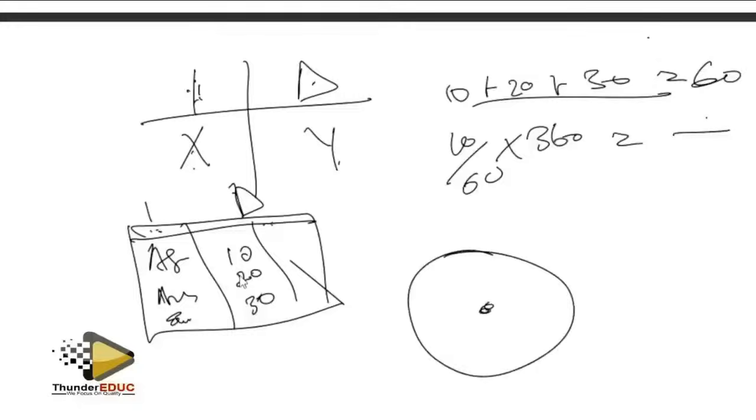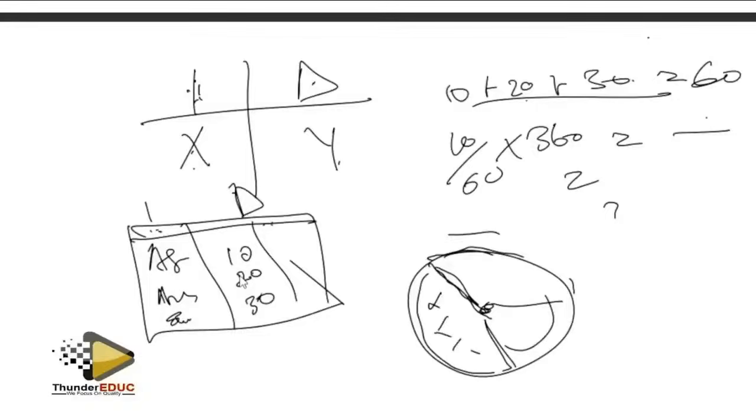You do that for 20, you do that for 30, then you plot. Use the protractor to measure for this, then start from here, measure, then the remaining one will be for that. Then you put the title, then you shade, you put a key here, you get the answer, get the marks. So please don't mess it up.